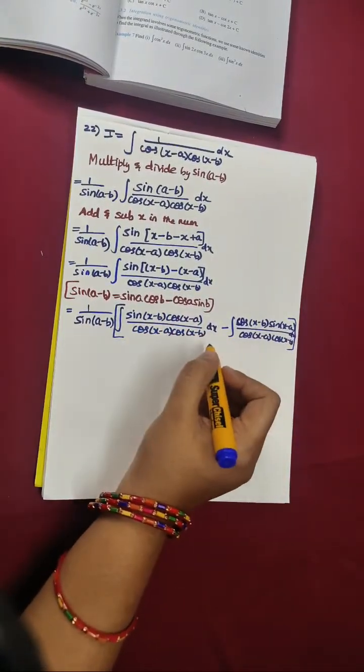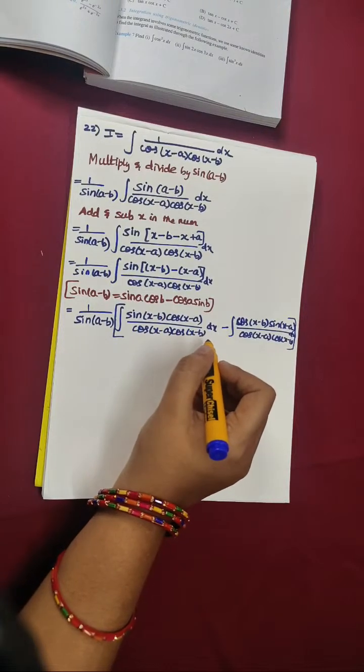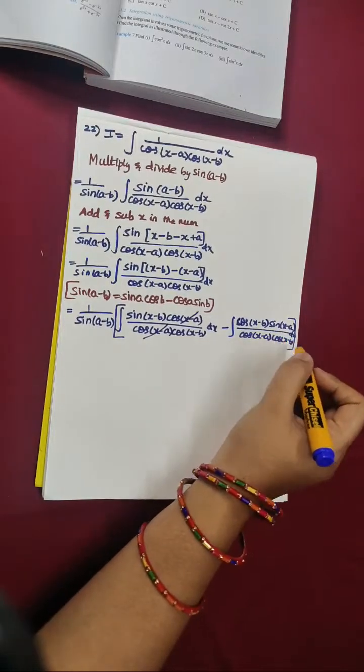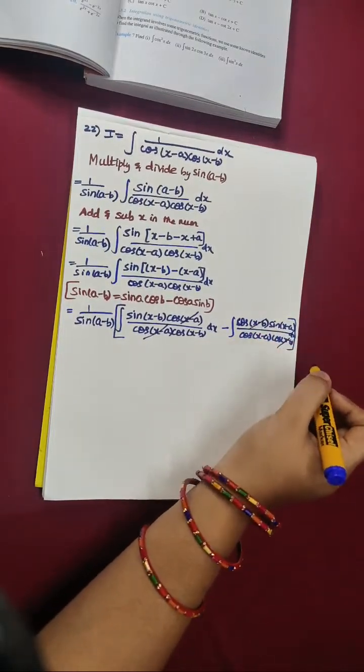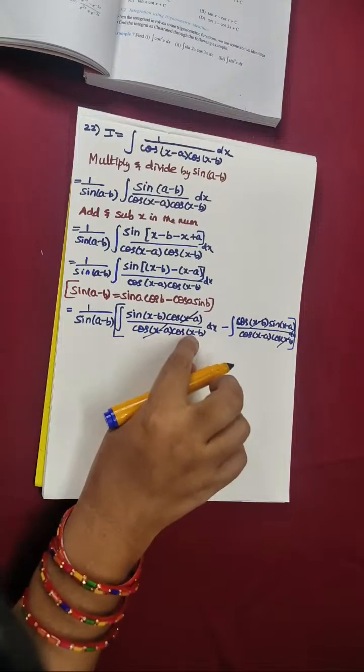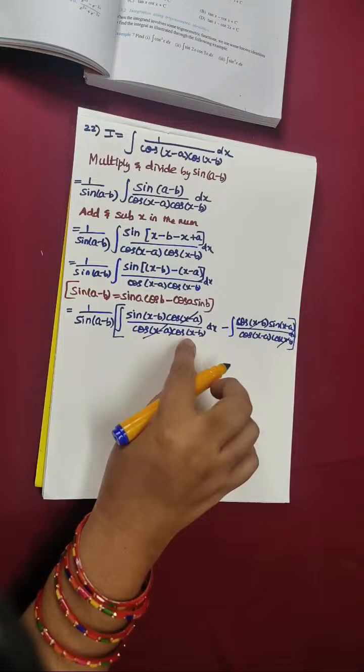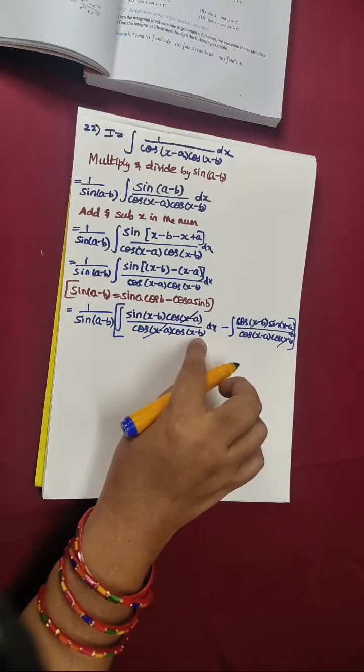Since everything is in product, it is easy to cancel the terms. So cos of x minus a gets cancelled, and here cos of x minus b gets cancelled. In the numerator you have sine of x minus b, and in the denominator cos of x minus b.